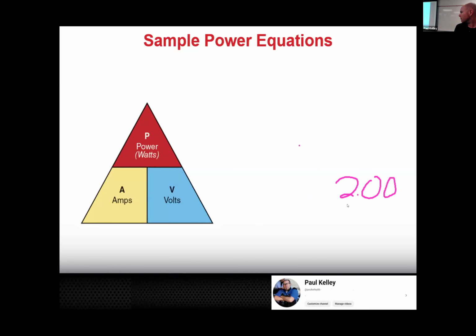I tried to make that a comma. 2,000 volts at 1,000 amps.